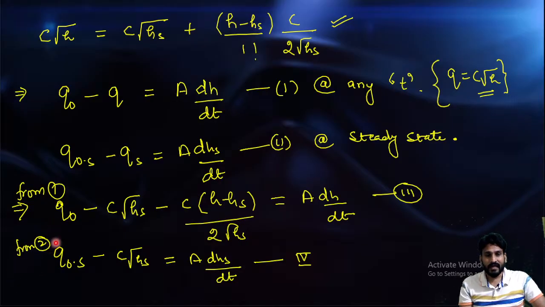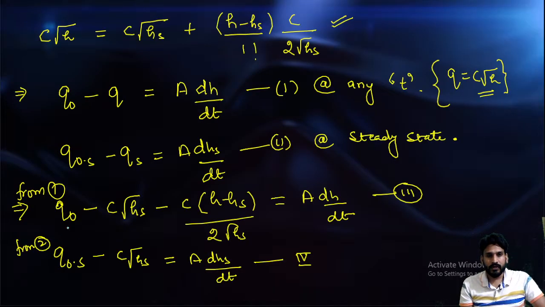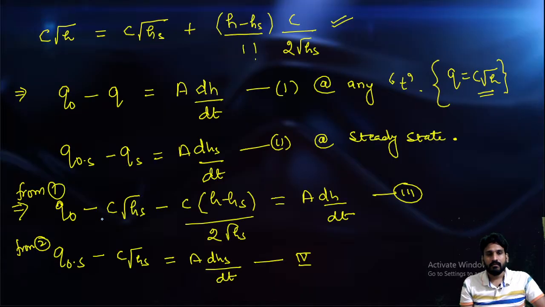Okay, now I can subtract equation 3 minus 4. I can do this step. So this is my Qo minus Qos, that will be Qo minus c under root hs, plus c under root hs will be cancelled. Okay, clear?